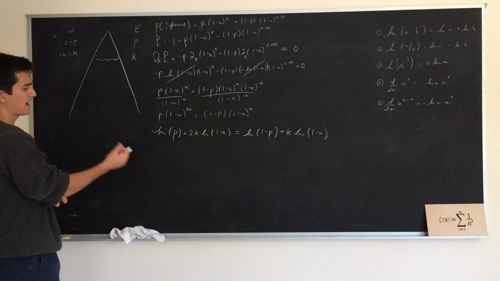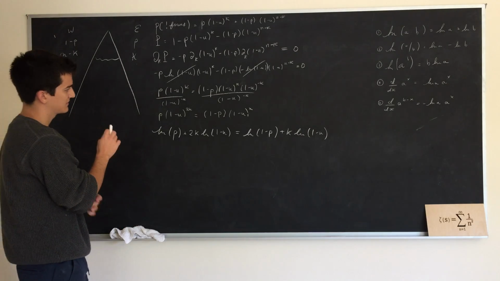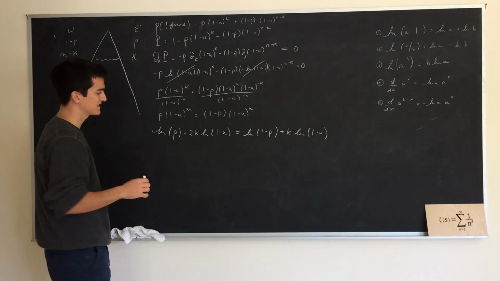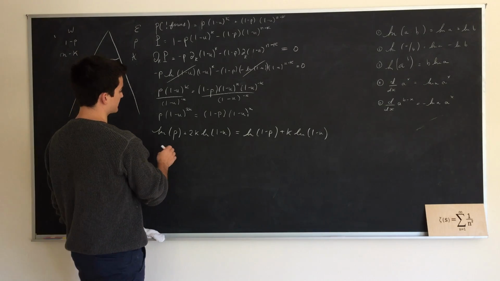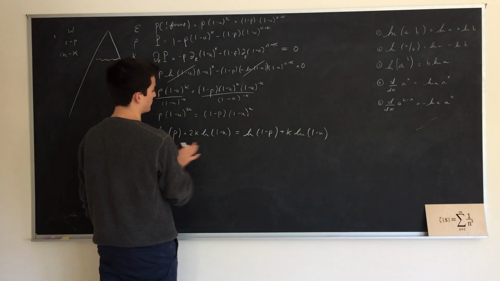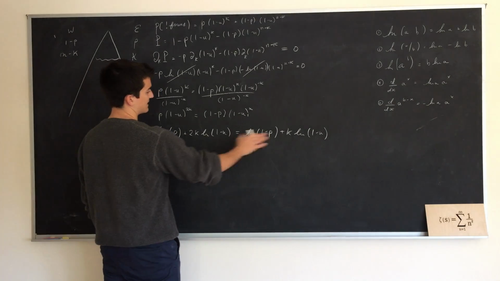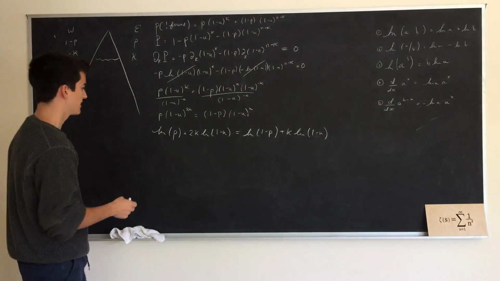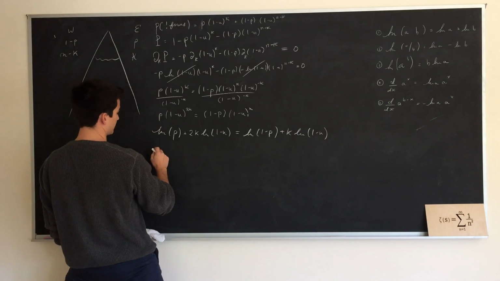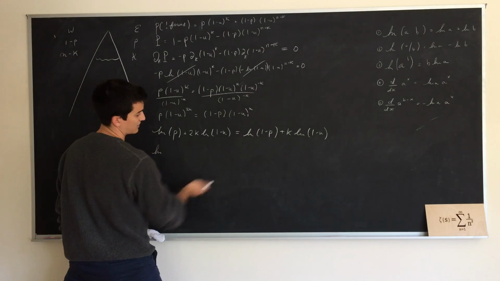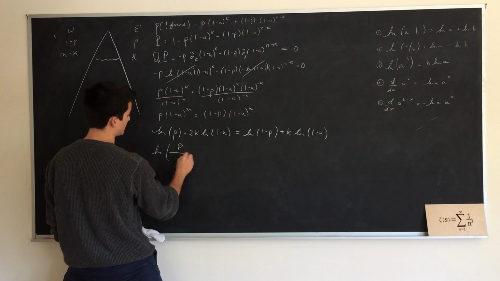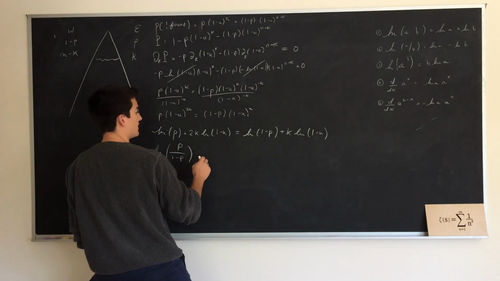And now what's next? Personally, you can go a number of routes to simplify this, doesn't really matter, but I like to just bring the p's to one side and then the k's to the other. So we'll do that. Natural log of p minus the natural log of 1 minus p is the natural log of p over 1 minus p.